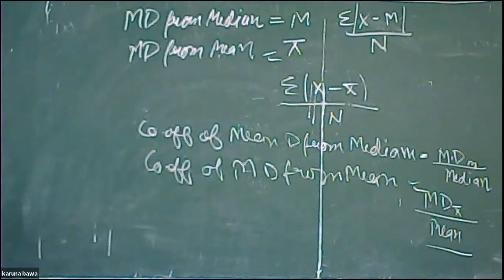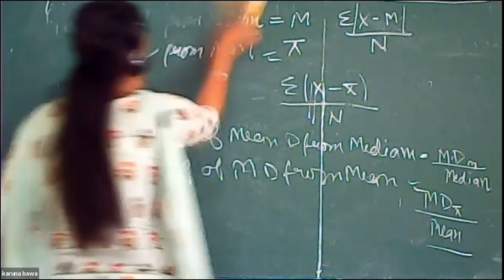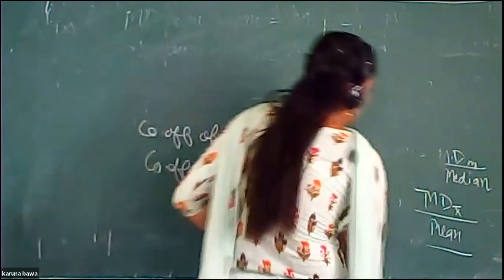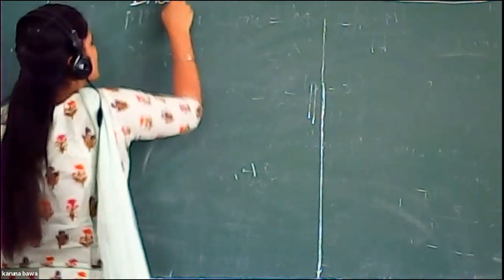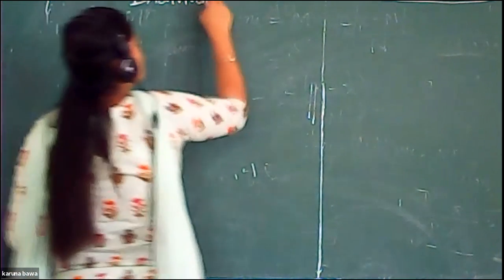So now let's start with the individual series. First one, an example of individual series. So now let's find the mean deviation for an individual series from mean and median.